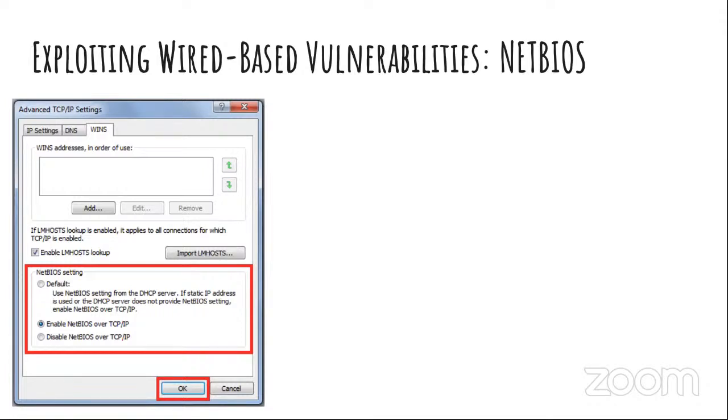So the first one is the Network Basic Input Output System, or NetBIOS, and the Link Local Multicast Name Resolution. Both of these are used primarily for host identification.